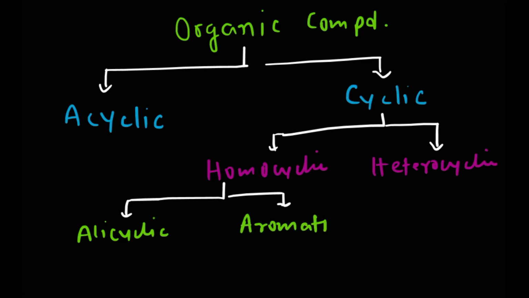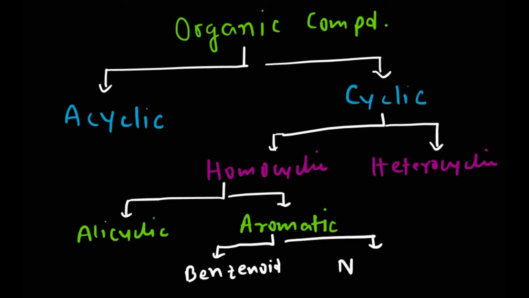We'll discuss this part broadly later. Now we can again divide the aromatic compounds into two main parts. One is benzenoid, that means there should be a benzene ring in the compound. And definitely the other part will be non-benzenoid.